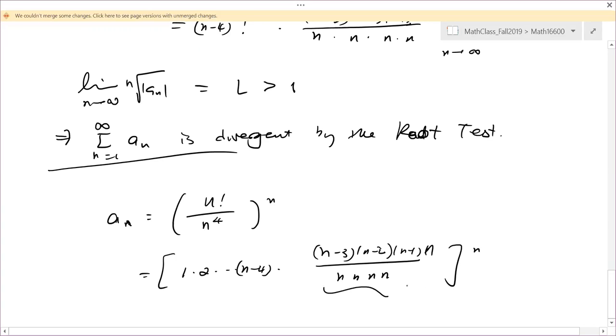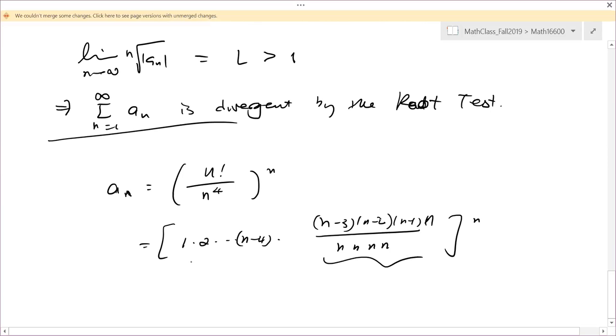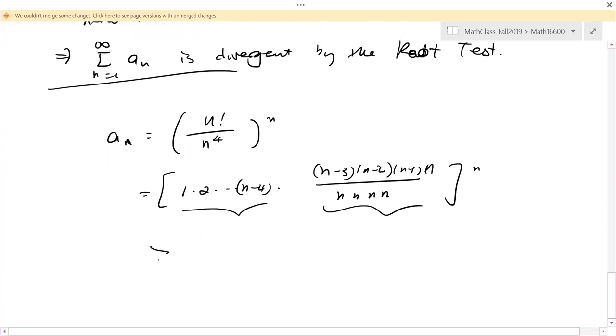But this term goes to 1. This term goes to infinity. So for sufficiently large n, this product inside will be larger than 2. For n greater than or equal to 100, for example. You can check that.